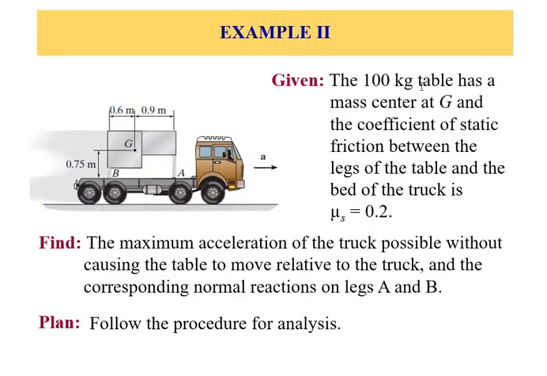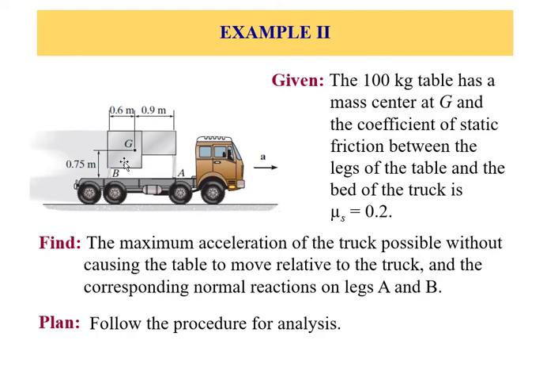A table has a mass center at G, and the coefficient of static friction between the legs and the truck, which carries the table, is given by 0.2. We want to find the maximum acceleration of the truck possible without causing the table to move relative to the truck, and the corresponding normal reaction at legs A and B.